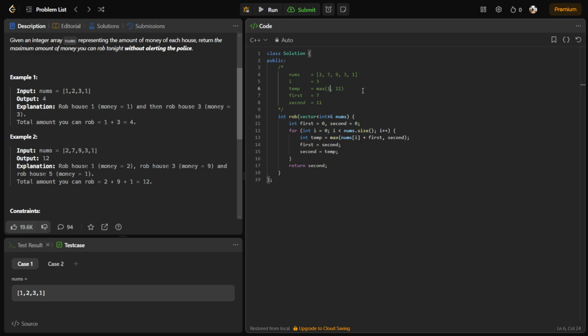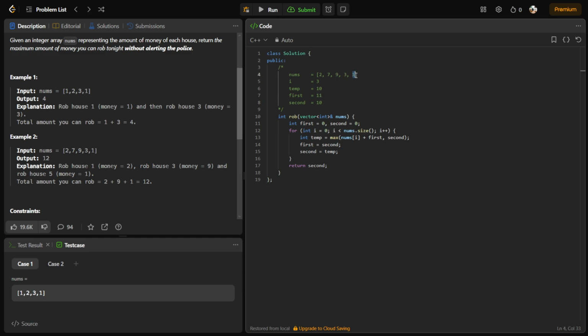So max becomes 11. For this case, second is still the highest, meaning 9 plus 2 is higher than 7 plus 3. So we don't do much about it. First equals second, second equals 11, right?